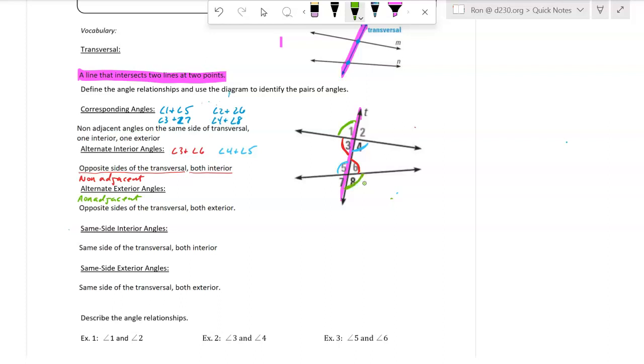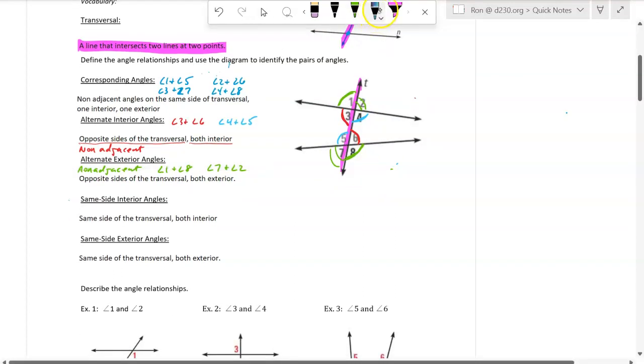That would be angle 8. So angle 1 and angle 8 are alternate exterior. The next pair would be angle 2 and angle 7, which are alternate exterior.